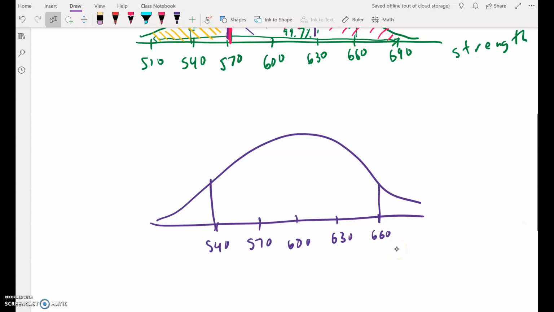Okay, so here's what I can do here. 660, that's 2 standard deviations above the mean, and so that tells us that 95% of the area is between 540 and 660. Okay, let's use the same trick we used last time. I'll shade in the part we're interested in. Actually, we're not interested in that, are we? But let's get that area anyways.